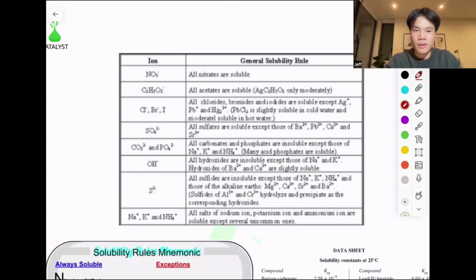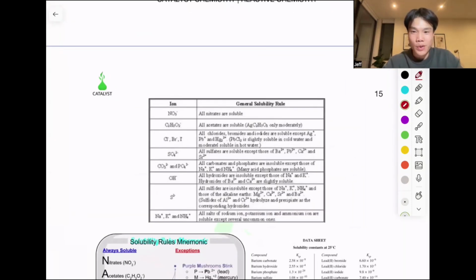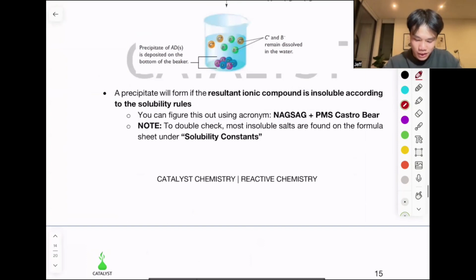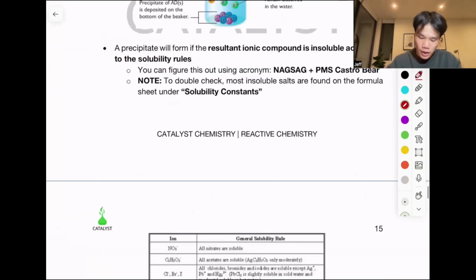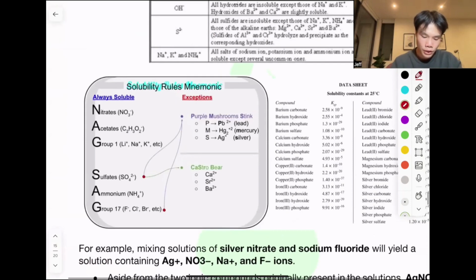Yes, you need to memorize this. Sorry. That's the truth. So you can make it easier for yourself. You can use acronyms. NAGSAG, PMS, Castro-Bear is a fan favorite over the years. So that basically just means always soluble substances are NAGSAG: nitrates, acetates, group 1, as well as sulfates, ammonium, and group 17.